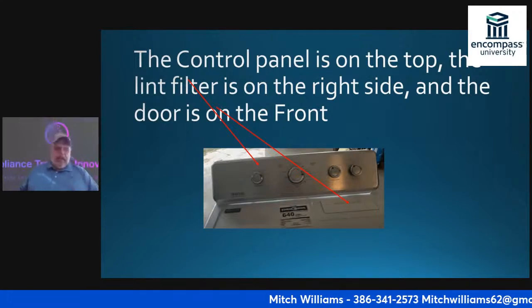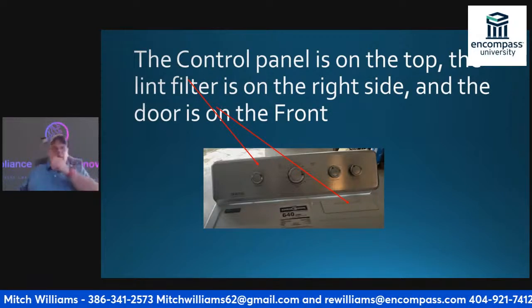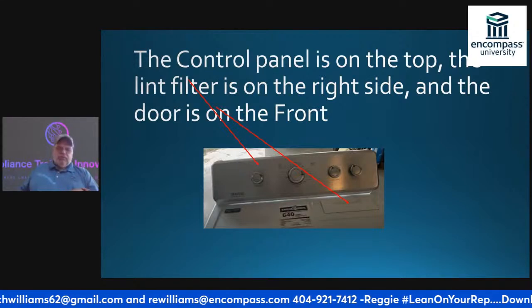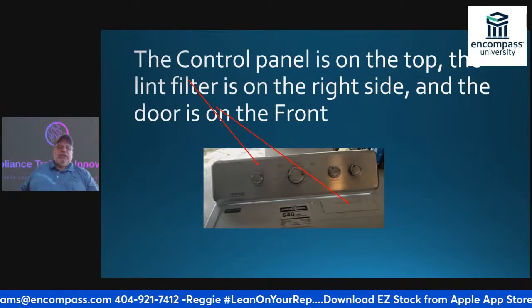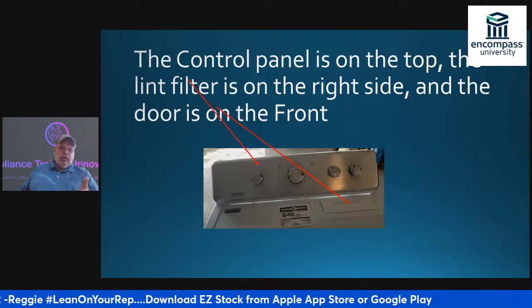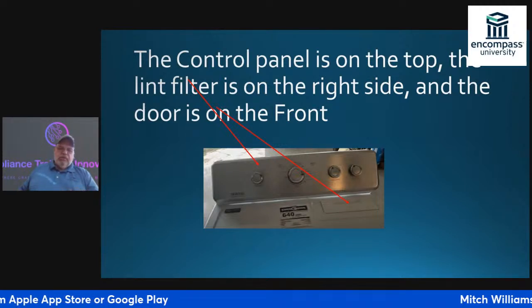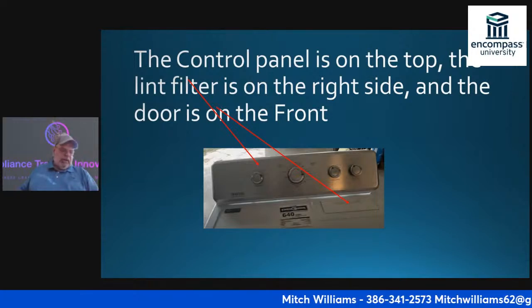I have gone in to work on somebody's dryer, pulled the lint filter out, and it was packed in there. I had to clean the lint trap. It was just a mess. So remove this lint filter after every load. You need to tell the customer that.